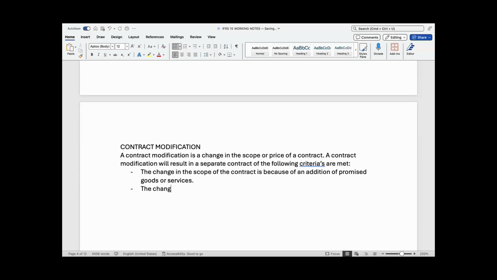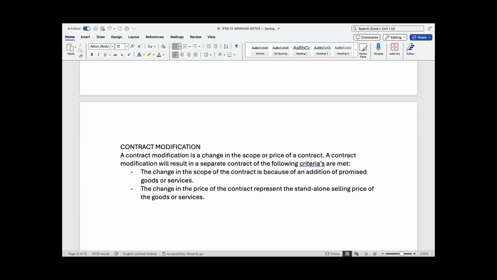And also, the change in the price of the contract represents the standalone selling price of the goods or services.